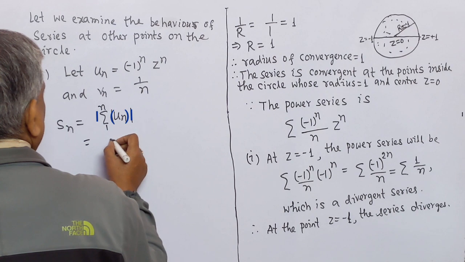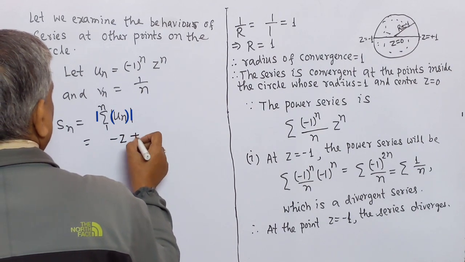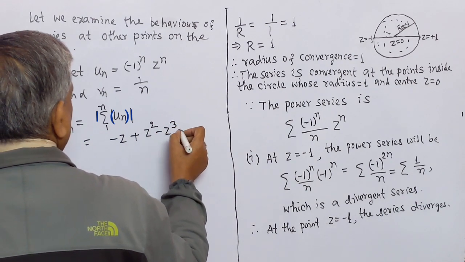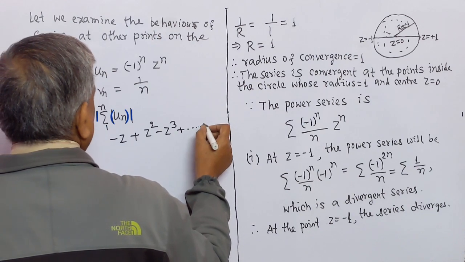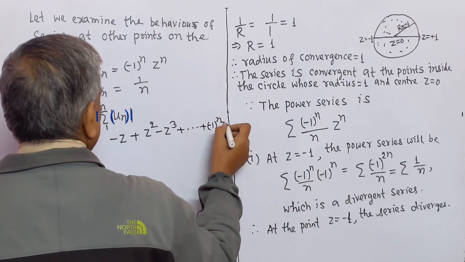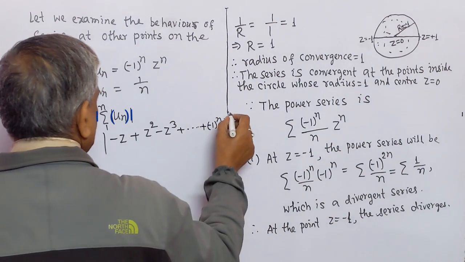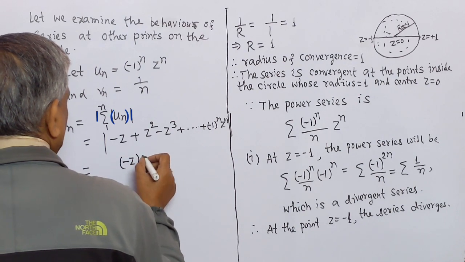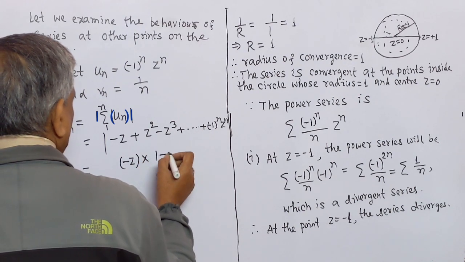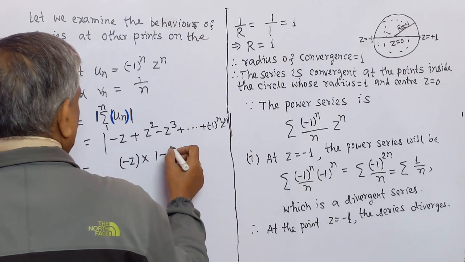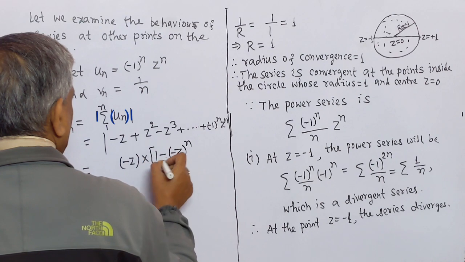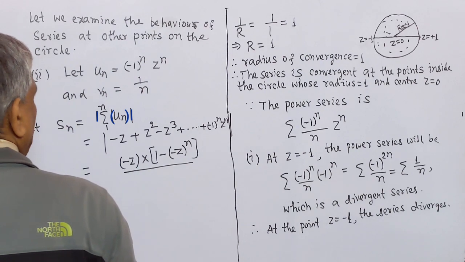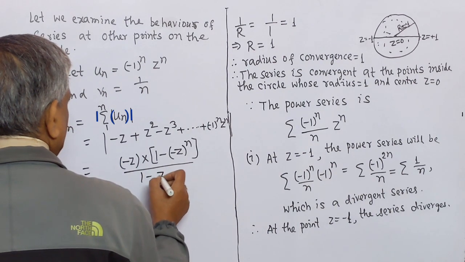So this is equal to modulus of minus z plus z square minus z cube plus dot dot plus minus 1 to the power n z to the power n. This is a GP. First term is minus z, multiplied by 1 minus (minus z) to the power n, by 1 minus (minus z), where the common ratio is minus z.